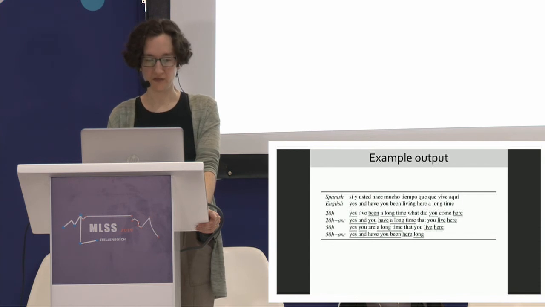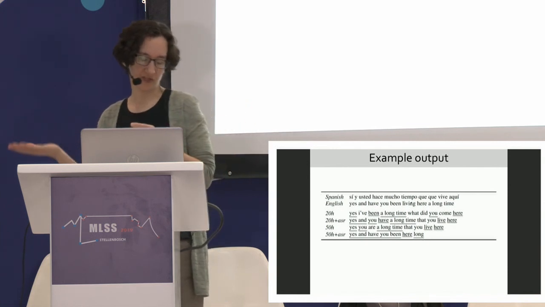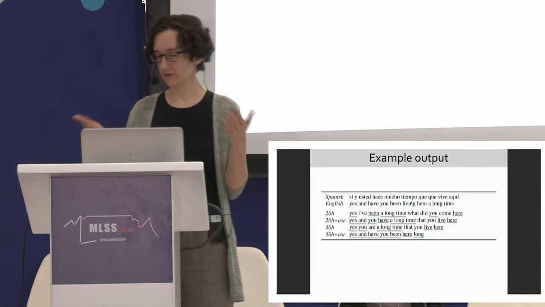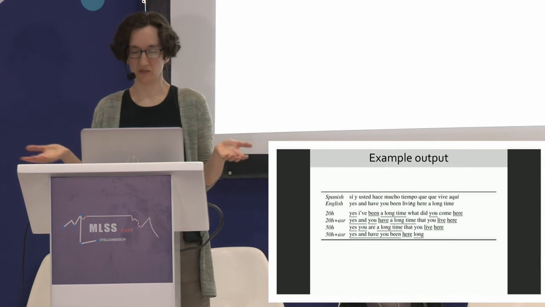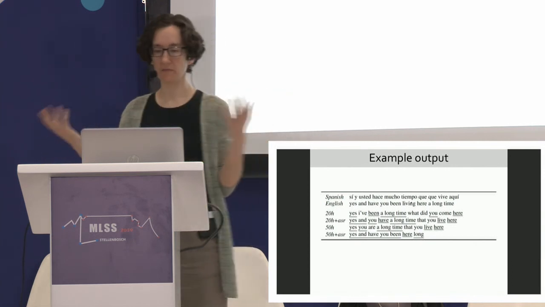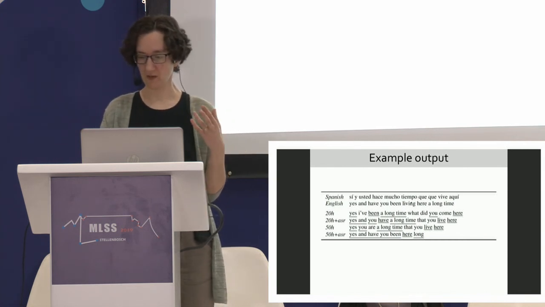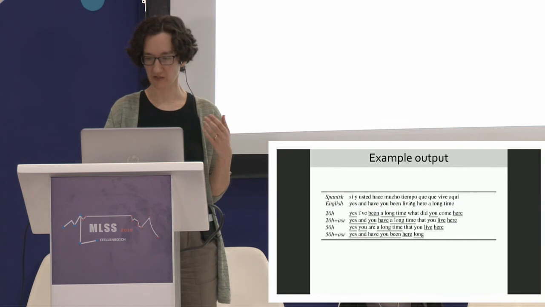And then you can see the different outputs of the 20-hour system, the one with pre-training, the 50-hour system, and the one with pre-training. So you can see that at least for this example and for a number of examples, it's actually doing reasonably well. I mean, they're not fantastic, perfect translations, but they're actually surprisingly okay. So it seems like we can do pretty well with not that much data.